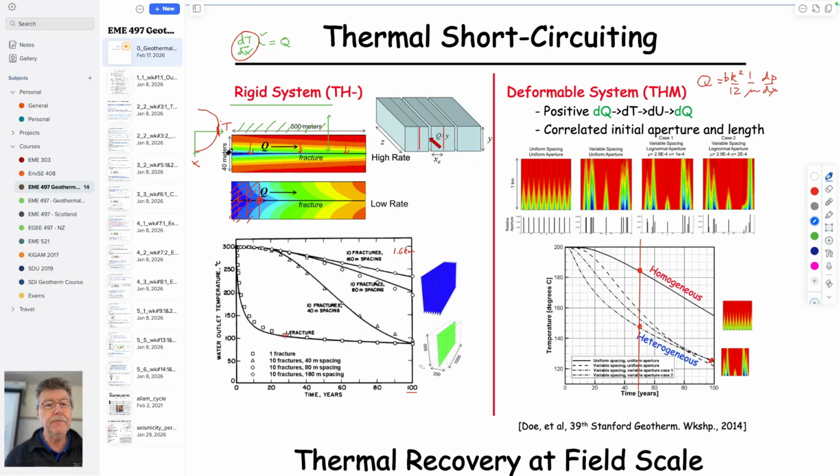The converse is that if you get a very fast flow through, it chills all the way along the fracture, and so all the fluid sees as it goes through the fracture is cold wall rock, and therefore cannot pick up heat from that as it goes through. So this is what you don't want. This might be what you want, because this would give you this, and this would give you this.